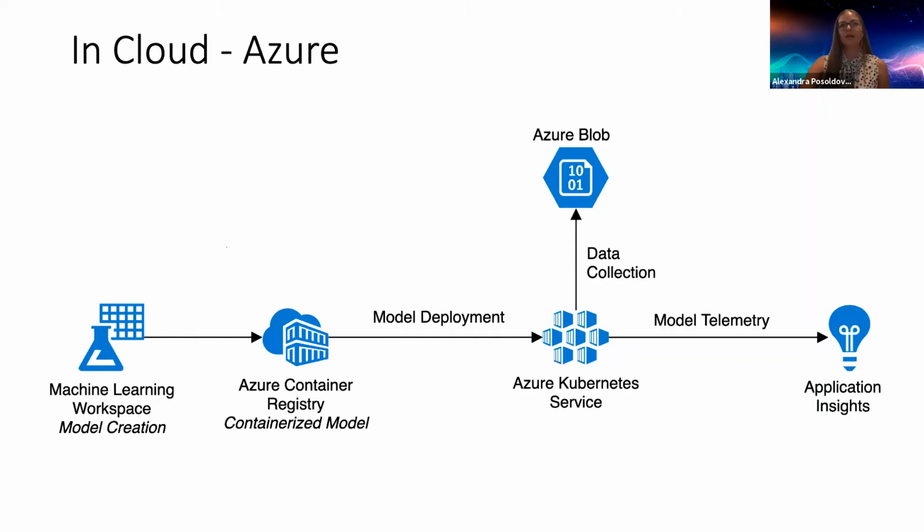Azure Kubernetes is usually used when the service needs to be constantly available or for real-time inference. So when you need to assure the high availability of your inference pipeline, you use Azure Kubernetes Service, but there are other hosting options as well that are less costly. And the model performance is recorded in the Machine Learning Workspace.